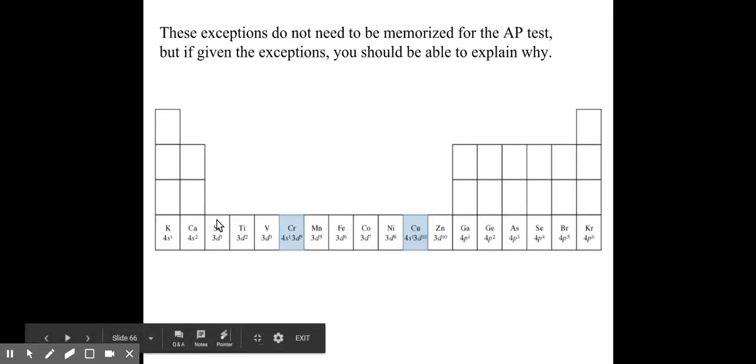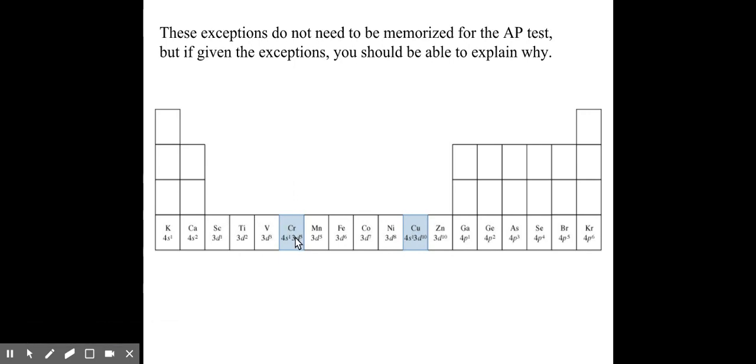This is where they are. You'll notice that it is 1, 2, 3, 4. This is the fourth one over, and this is the ninth one over right here. Chromium and copper right here.